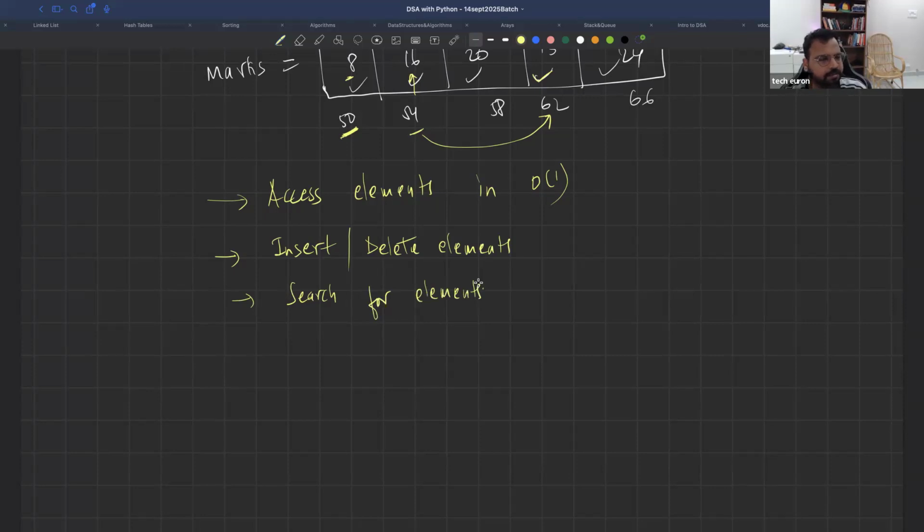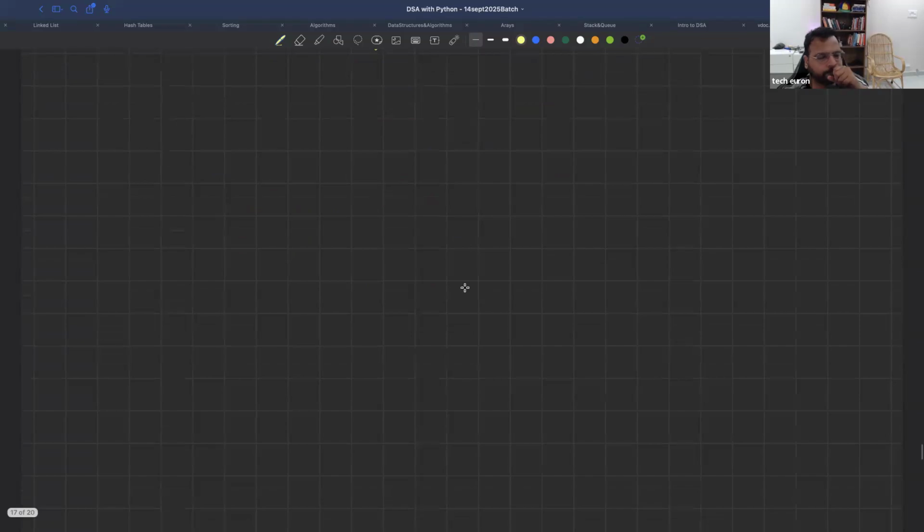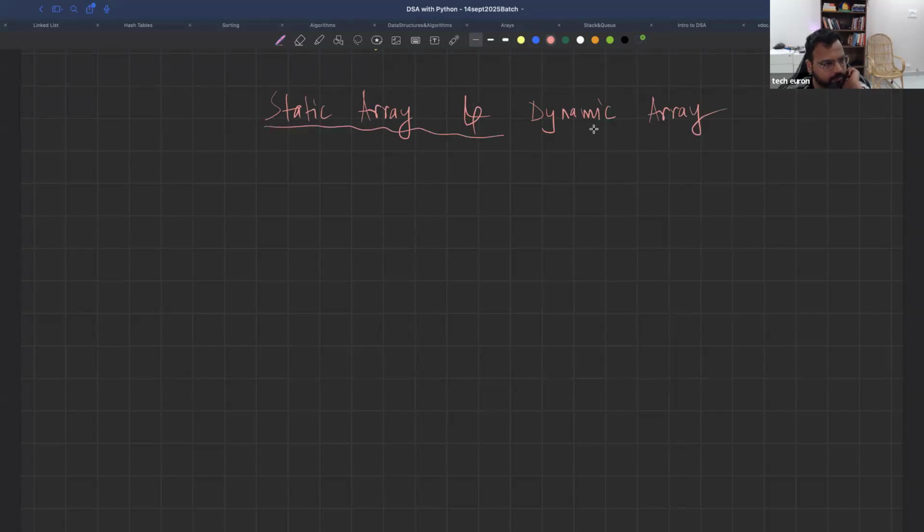These are the things that we have already seen. Now, what else? Let us talk about some types of arrays or some concepts adjacent to arrays, which are static array and dynamic array.